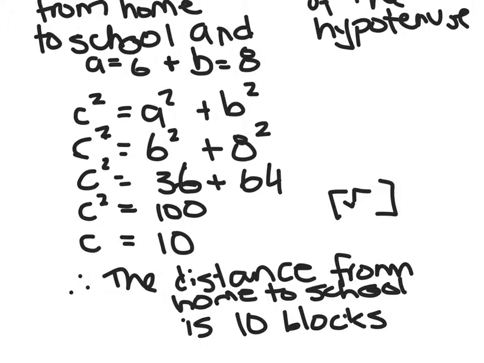So you have to make sure that, because this is your M3 criteria, it actually relates back to the original question. So the original question was, John leaves school to go home. He walks 6 blocks north and then 8 blocks west. How far is John from the school? So we need to say that the distance from home to school is 10 blocks, or John is 10 blocks away from school.